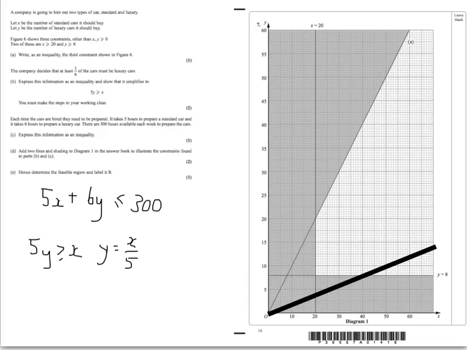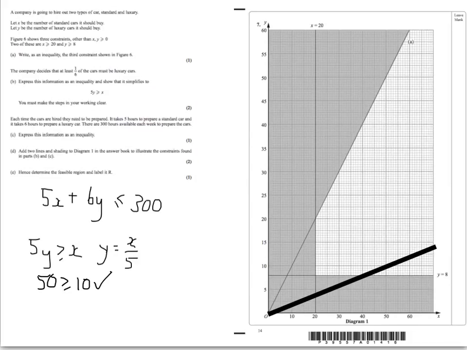What I'm thinking about right here is this point here, which I can see is going to be above that line. And when I plug that into this equation here, I get 50 is greater than or equal to 10, because I did 5 times 10. Well, that is true, isn't it? That's clearly true. 50 is greater than or equal to 10.